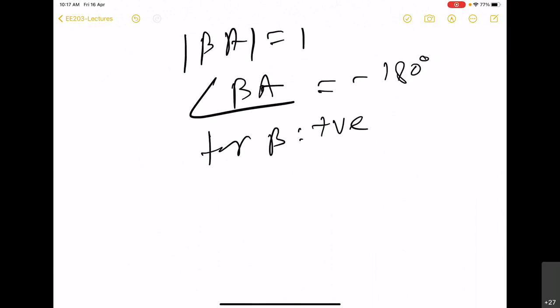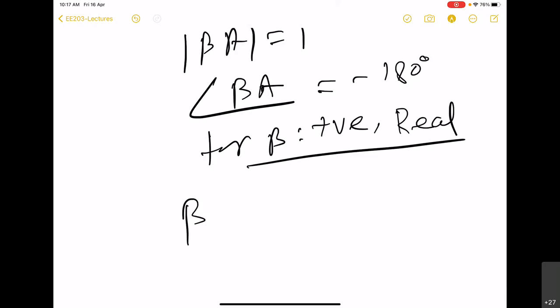So we will study this in more detail, graphically and mathematically also. And for that, we will try to keep the thing simple. Here we have assumed beta to be positive. We will add one more constraint, that it is real as well. So this feedback is positive and real.